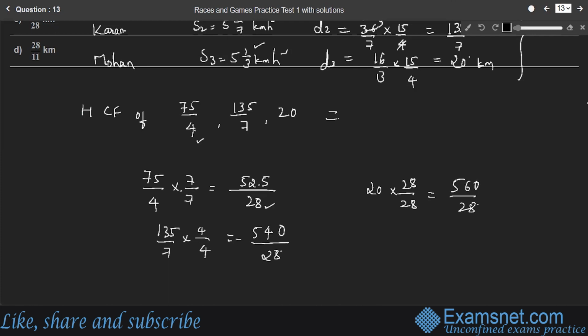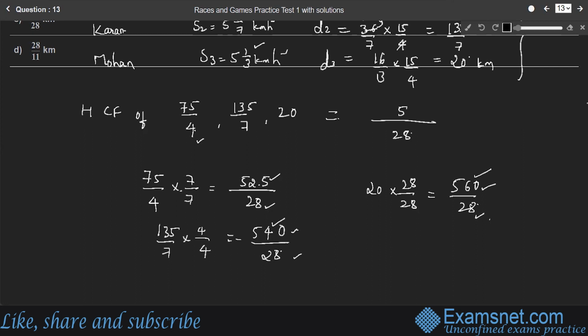So here all the denominators are the same, right? So the highest common factor of the denominators is 28 itself, whereas for the numerators, all the numerators are divisible by 5, right? 5 is the highest common factor. You cannot take 25, since 540 is not divisible by 25, and 560 also is not divisible by 25. Even you cannot take 15 or other numbers.